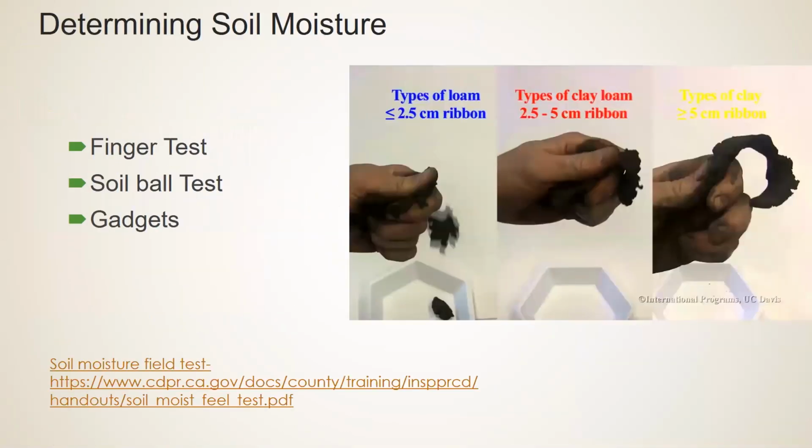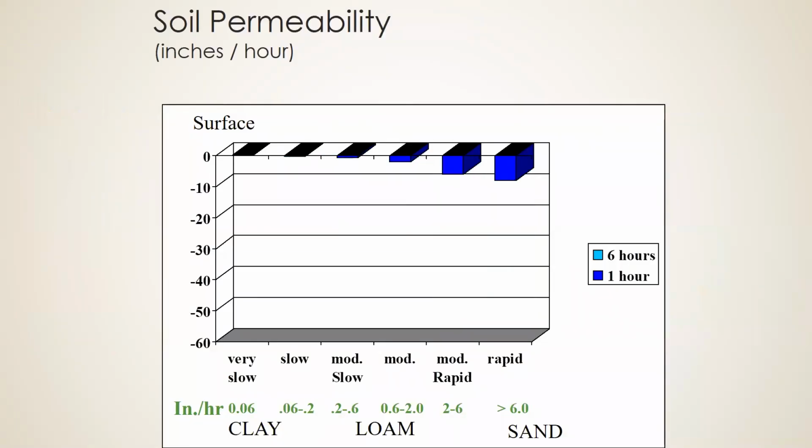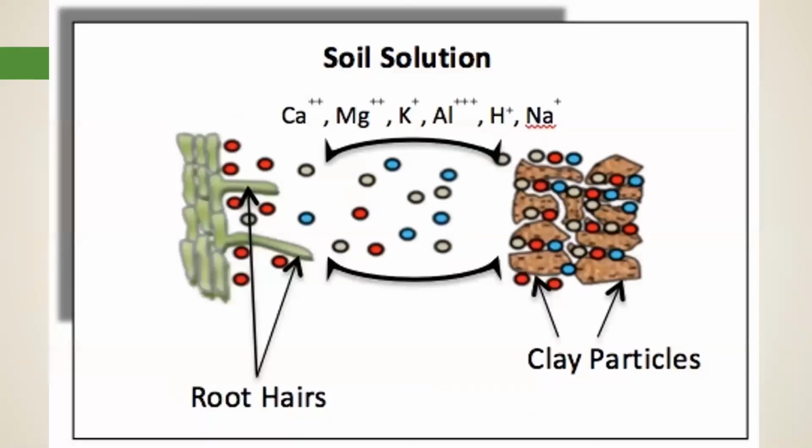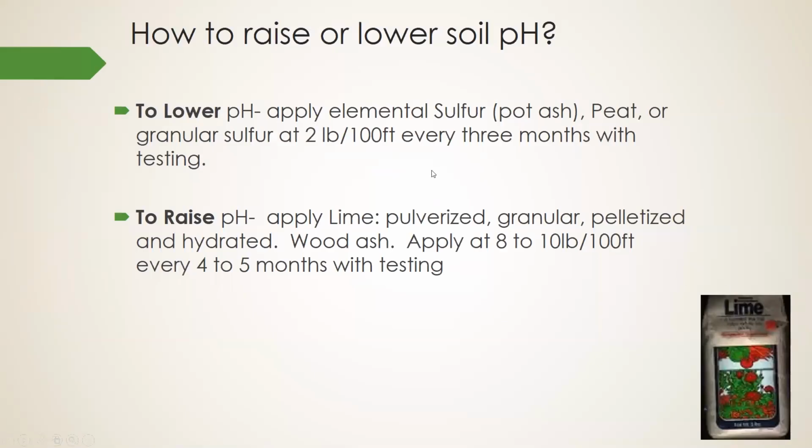Let's go back and look at that if I can here. So elemental sulfur or potassium sulfate is, as far as I know, pretty much synonymous with potash. So you'd use it the same way to lower pH.